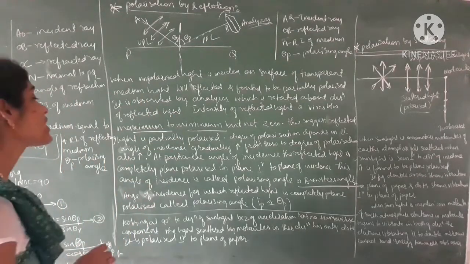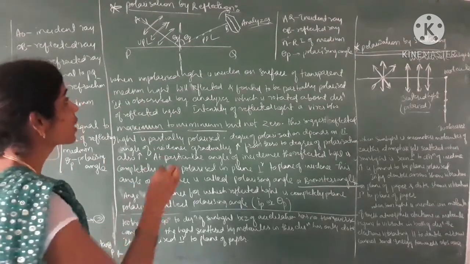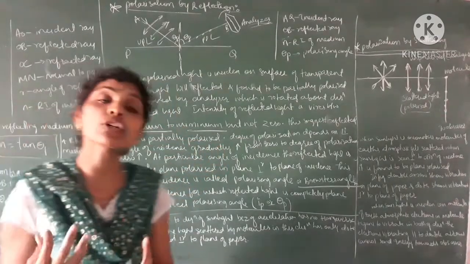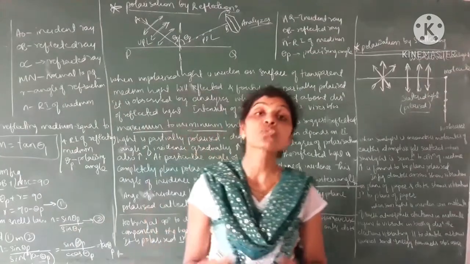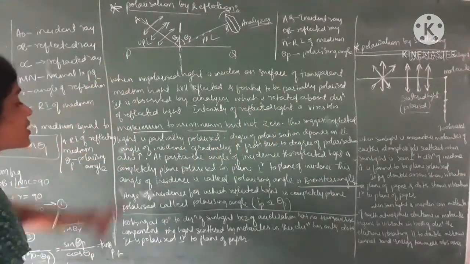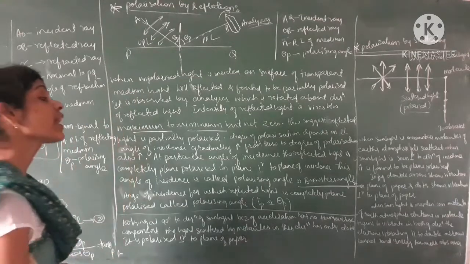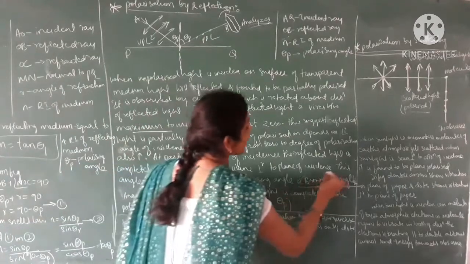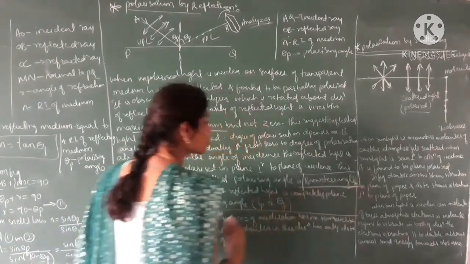This angle of incidence is called the polarizing angle, or Brewster's angle. How do we define Brewster's angle? It is the angle of incidence for which the reflected light is completely plane polarized, called the polarizing angle or Brewster's angle.